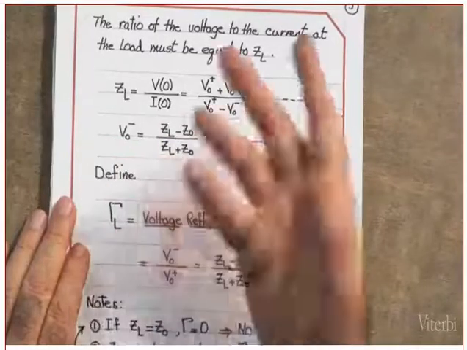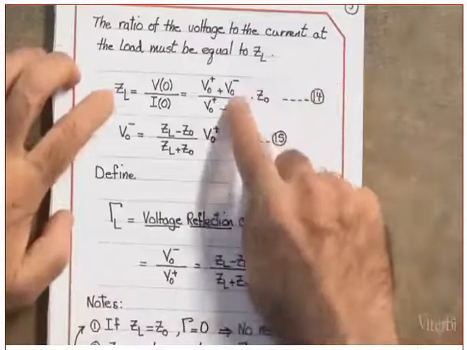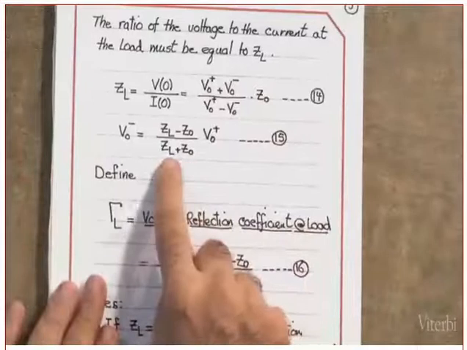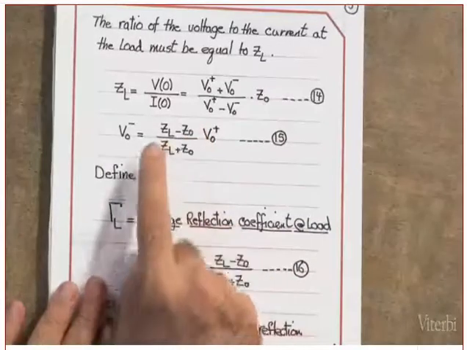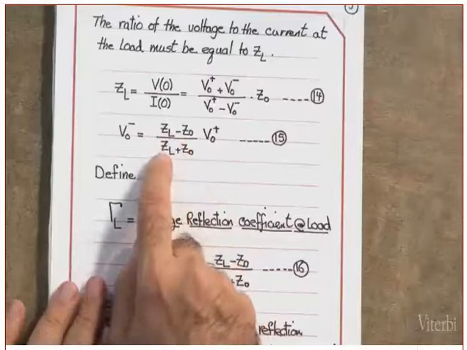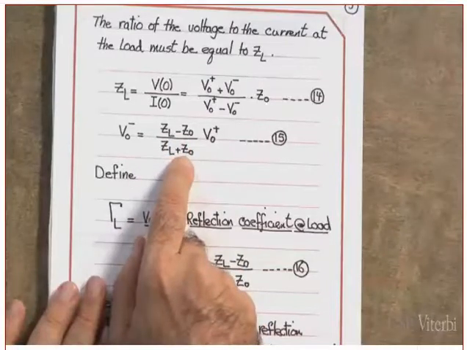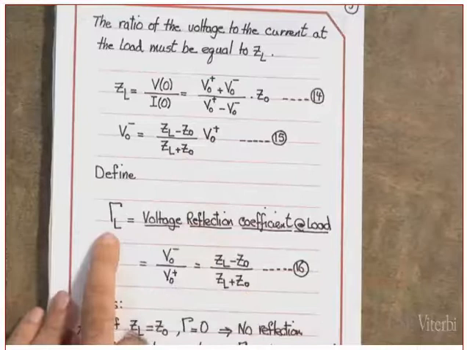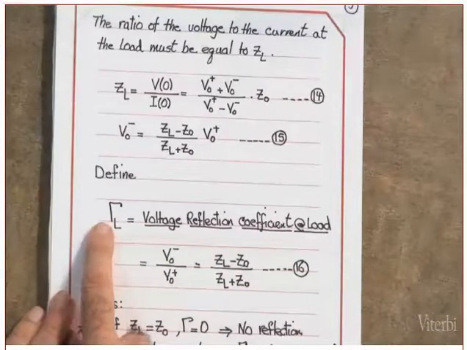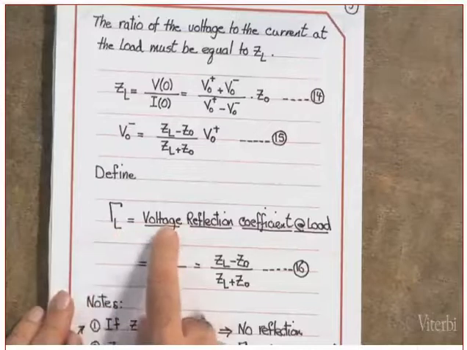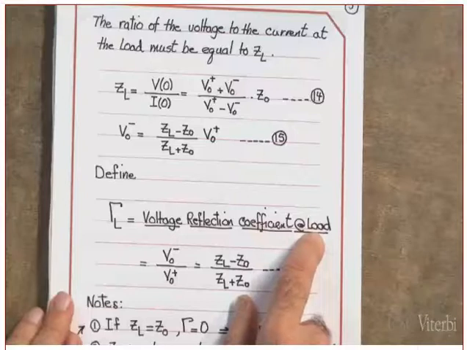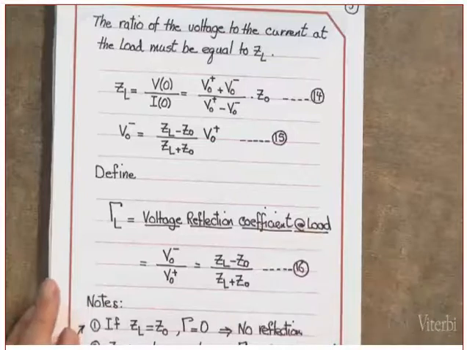This equation gives V0 minus in terms of the remaining one. We are going to define this parameter, ZL minus Z naught divided by ZL plus Z naught, as gamma L. This is the capital gamma. Gamma sub L is called the voltage reflection coefficient at the load. Where are we looking into?